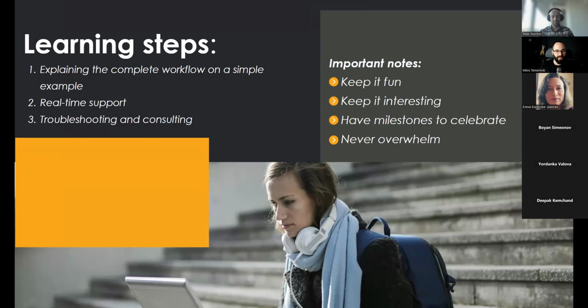Then the next step would have to be the student starting to work on their own, and the teacher is right there next to them all the time, and whenever there's a hiccup, wherever somebody gets stuck, the teacher is there to help. Then the next step is the student is working completely on their own, but the teacher is there when something completely different comes up, where a different concept or a different approach needs to be used.